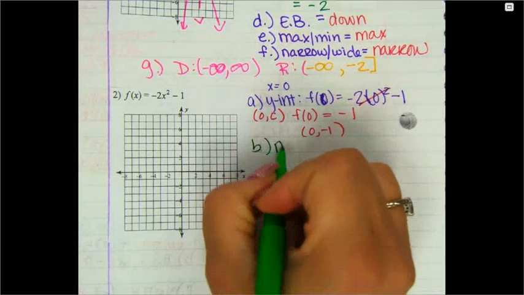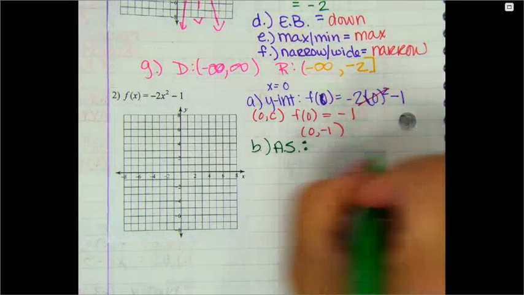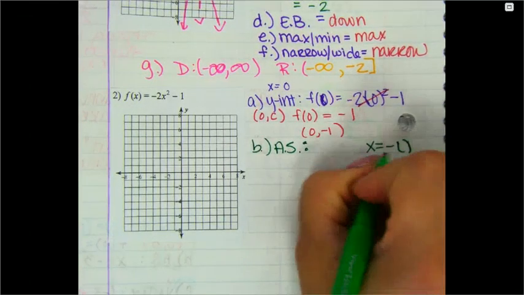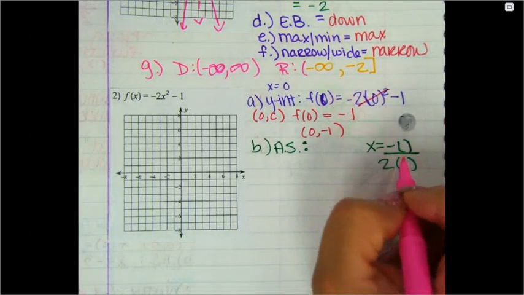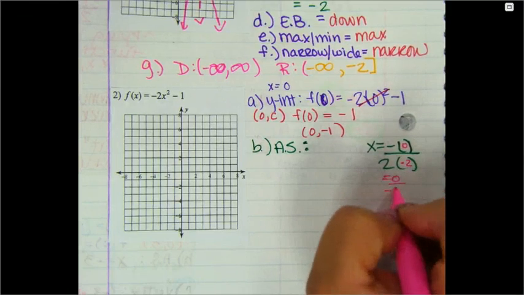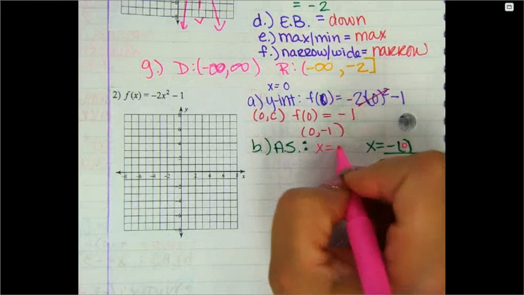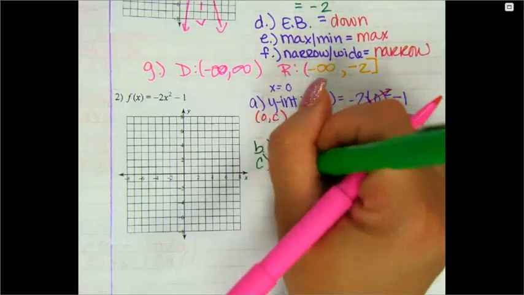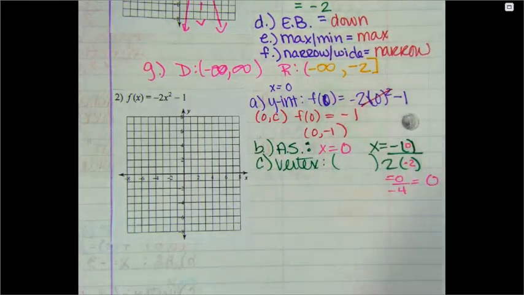Axis of symmetry, which means you're plugging in x is equal to negative b over 2a. What is your b? 0. What's your a? Negative 2. So I get 0 over negative 4, which is what? 0. So x equals 0. So in my vertex, didn't I already solve for something that had 0?